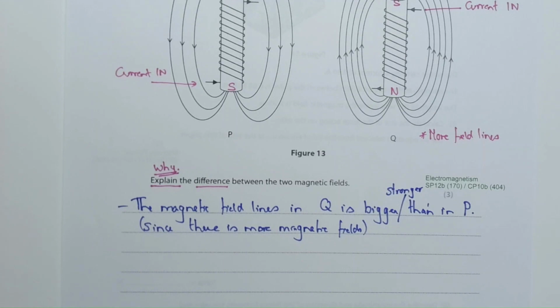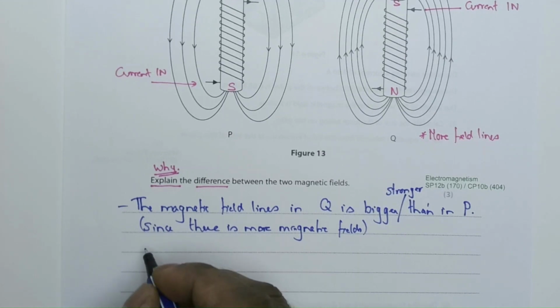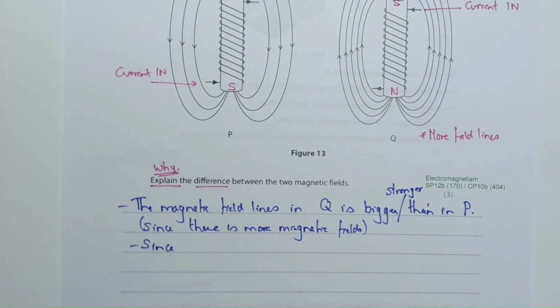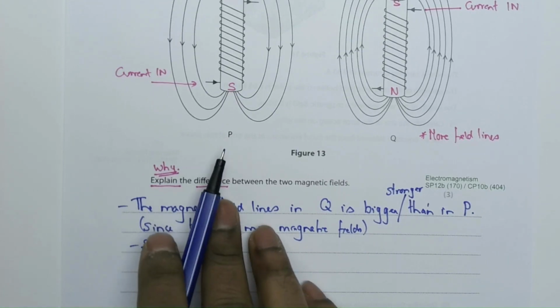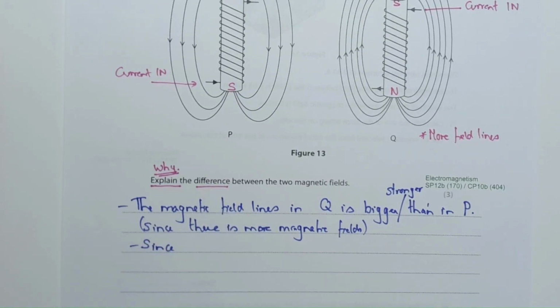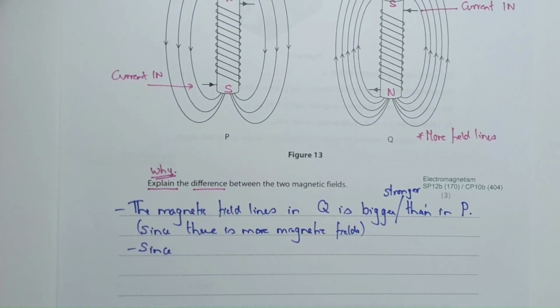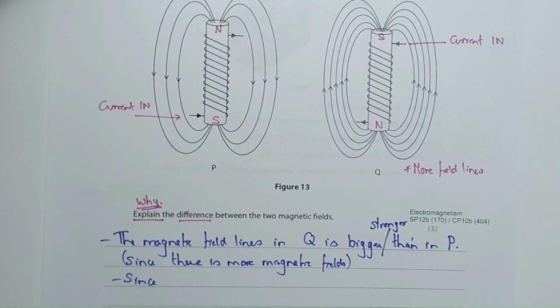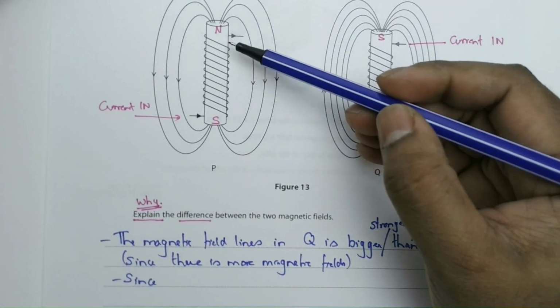Now let's give a reason. Why would this be, right? The only reason that the magnetic field lines can be affected is by the strength of the current flowing through the wires. The other factor that can affect the magnetic field lines is the number of coils.